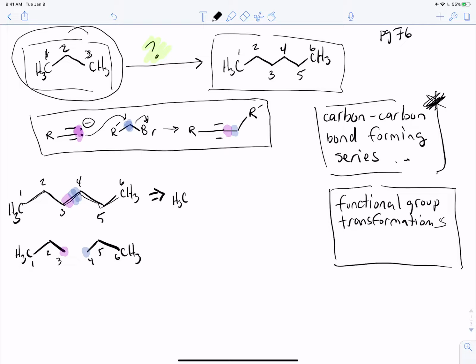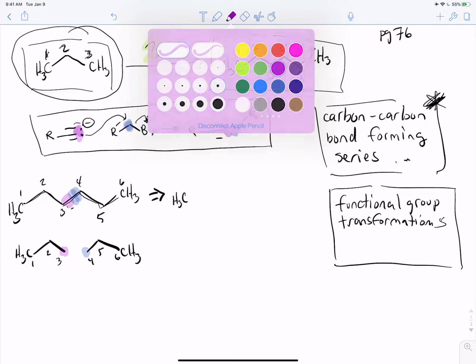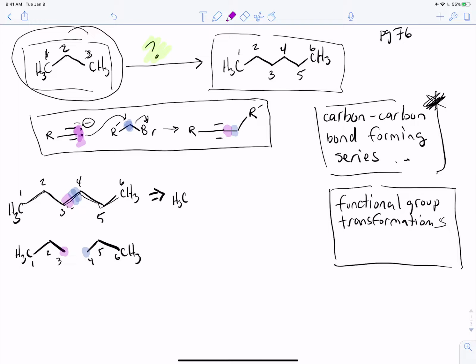So if carbon 3, let's say, is indeed this magenta part, and I come back to this prototypical, or canonical, example up here at the top, what I'm saying is that carbon 3 at some point must have been an alkyne, must have been an sp hybridized carbon, part of an alkyne.